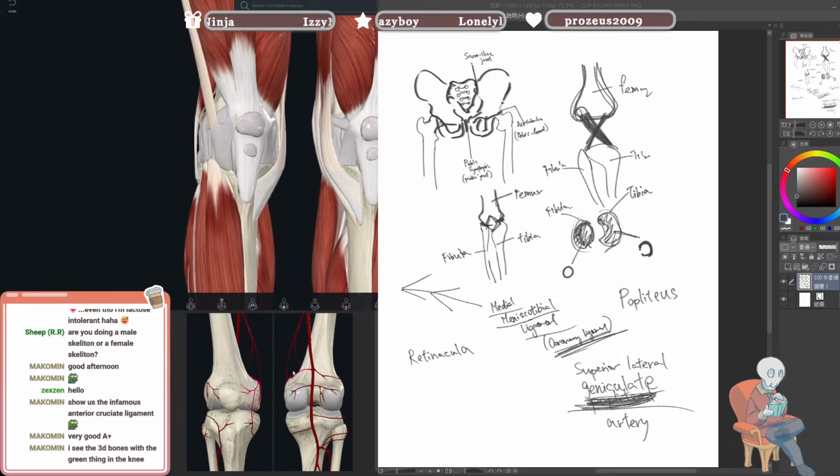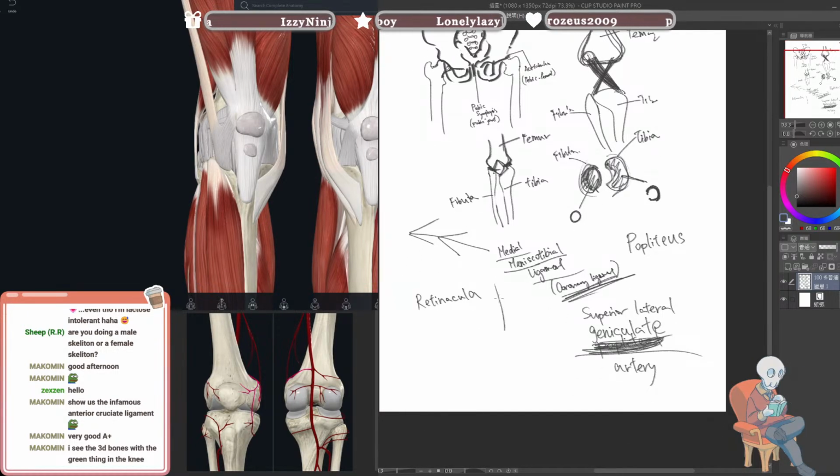And let's see. Oof. There are so many blood vessels over here. I'd use red. This one you can divide into four areas.